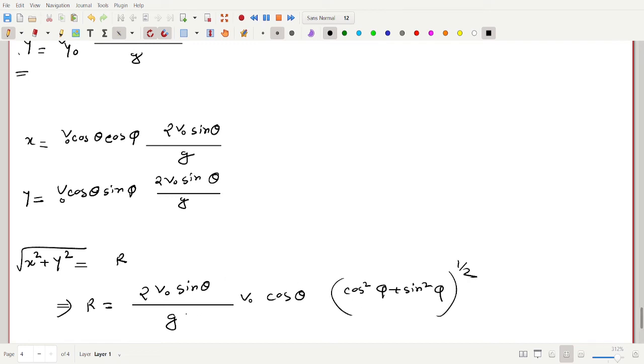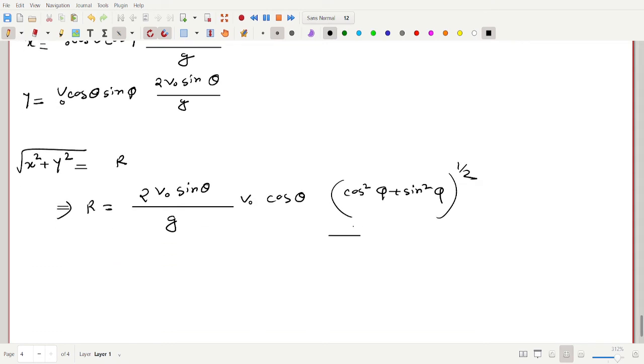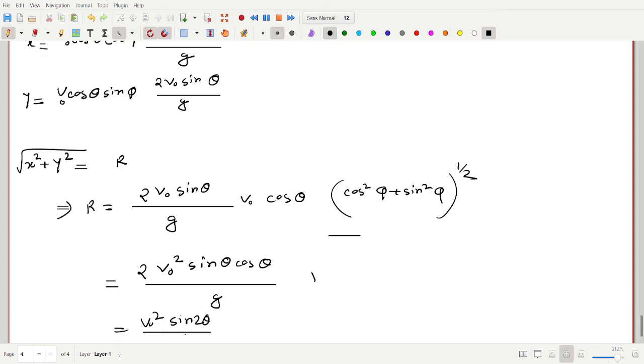If you keep this inside the equation, we have 2 v naught square sine square theta times v naught square cos square theta divided by g inside the root, then if you take the root you get 2 v naught sine theta by g times v naught cos theta. So we can keep them outside of the root. So we have 2 v naught square sine theta cos theta divided by g, and the root term equals 1, and we finally have v naught square sine 2 theta by g.